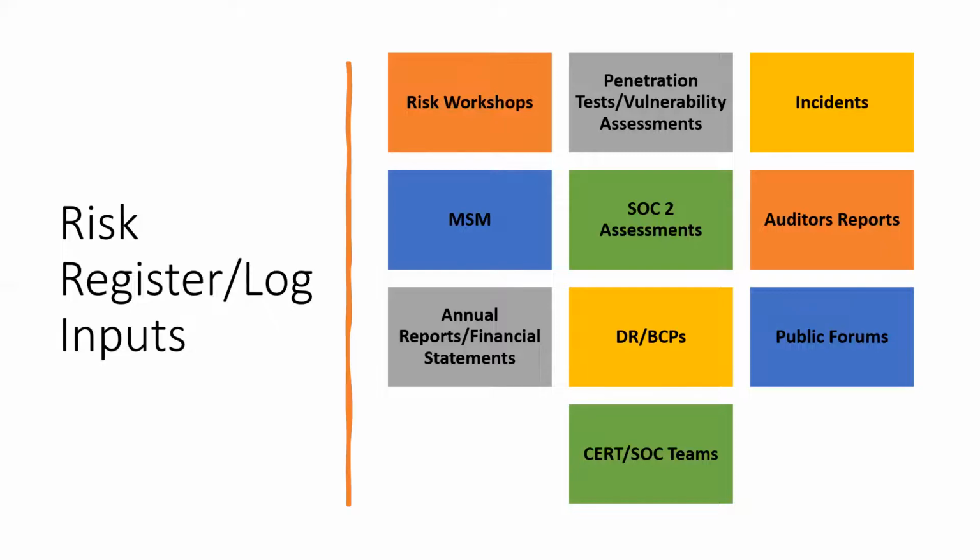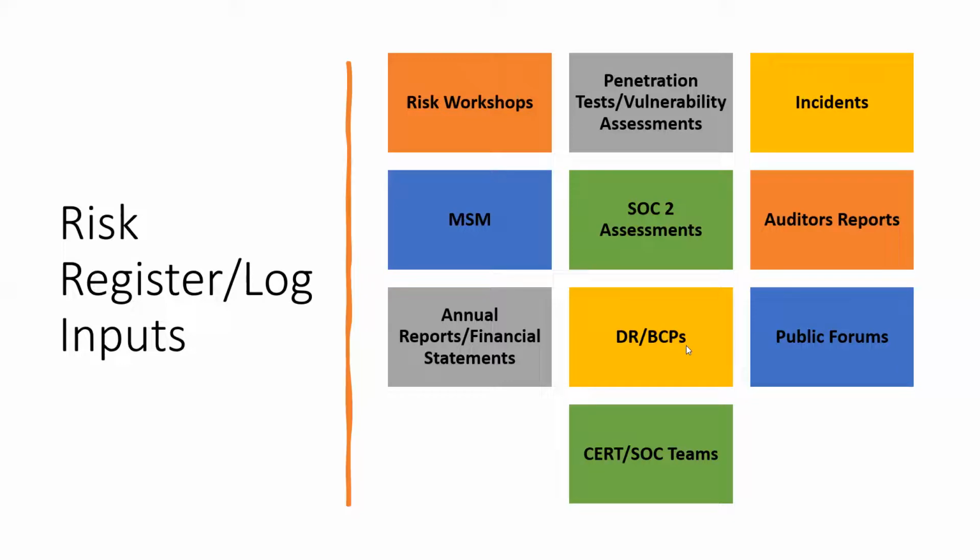We need to learn to read our company's annual reports and financial statements to identify new projects that the organization may be embarking on in the long term, and any risks that may arise from these new projects.